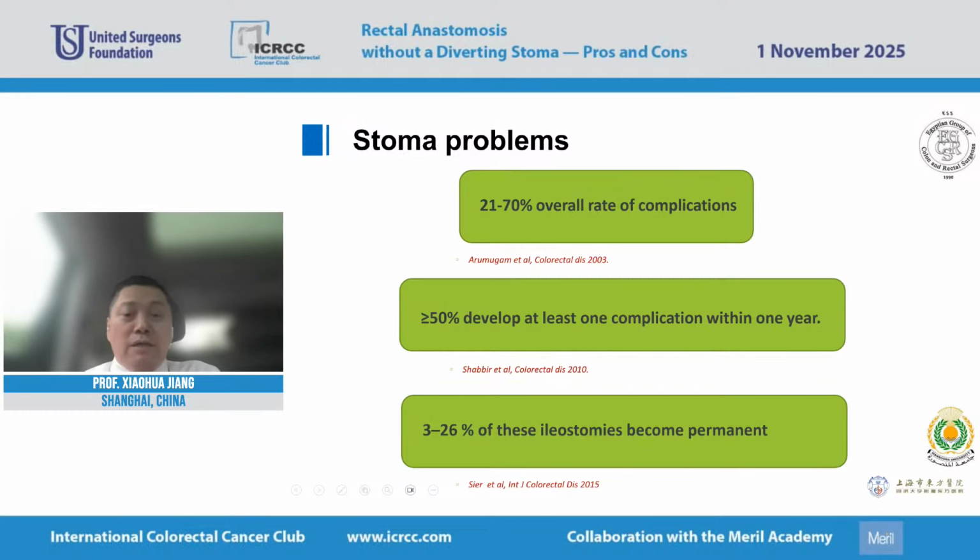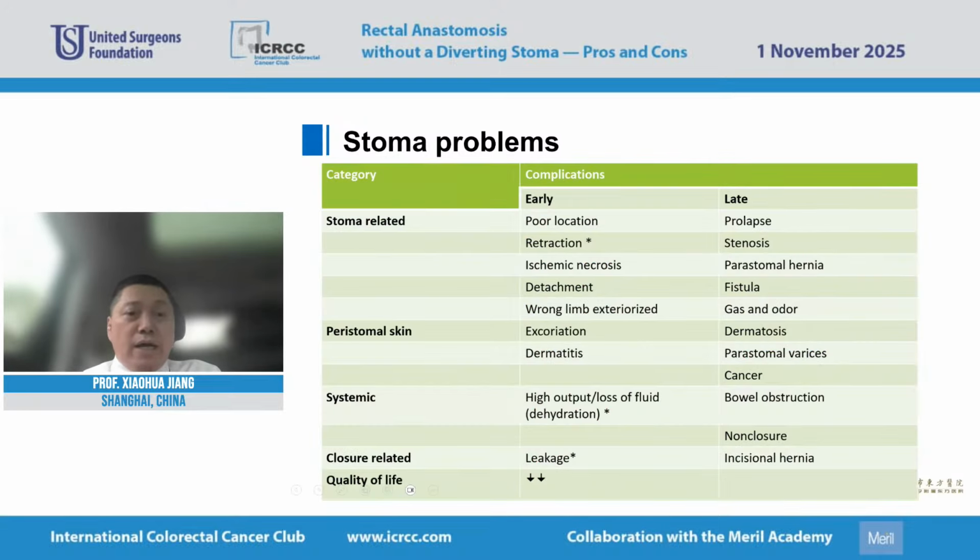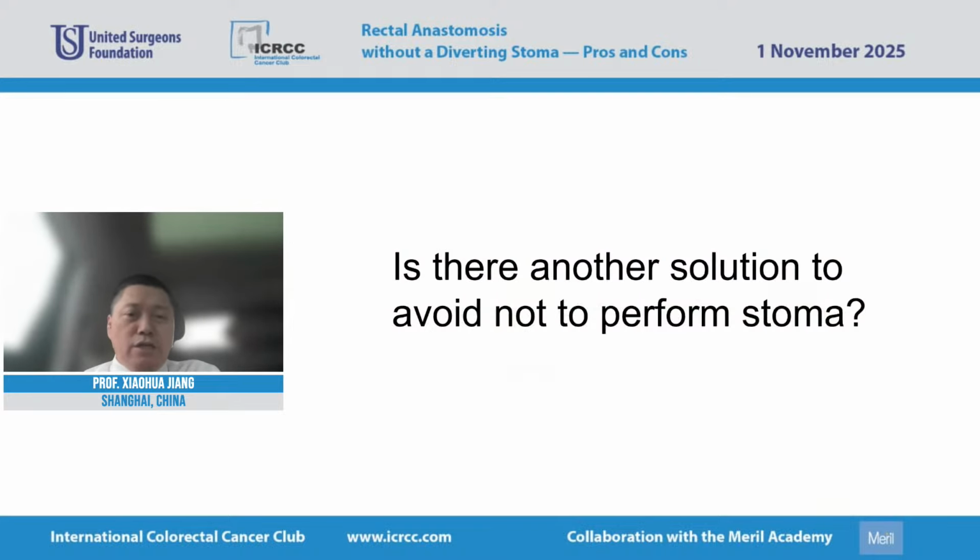That means for the patients, we describe the stoma problems, including stoma related, stoma skin related, systemic related, and closure related, and the quality of life of the stoma patients is not so good. So the question is, is there any other solution to avoid performing stomas?